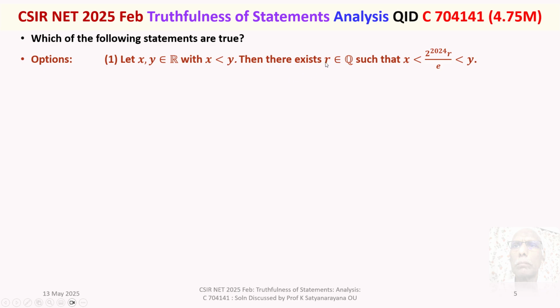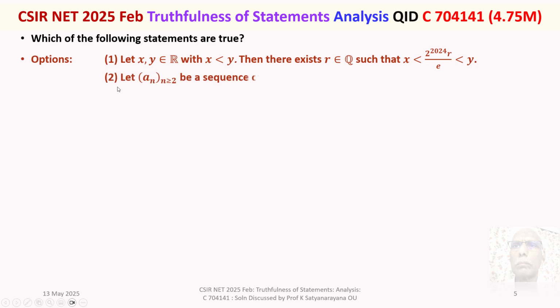Then there exists a rational number r such that x is less than 2 power 2024 multiplied by r, whole by e, is less than y.